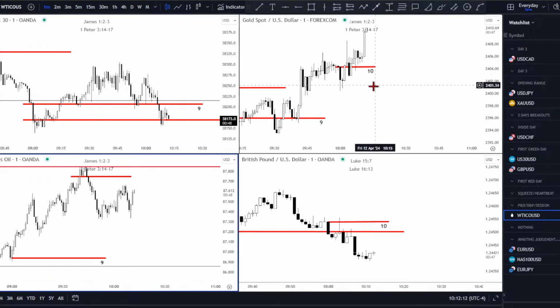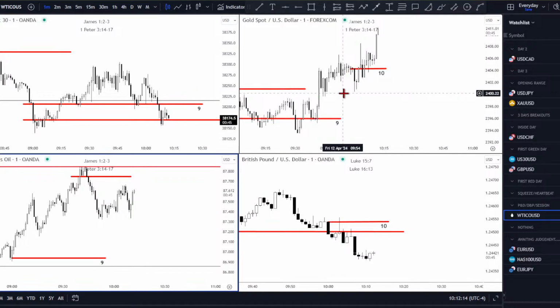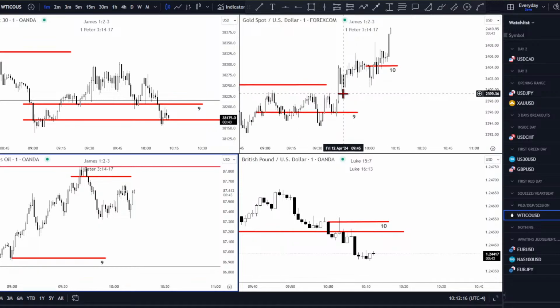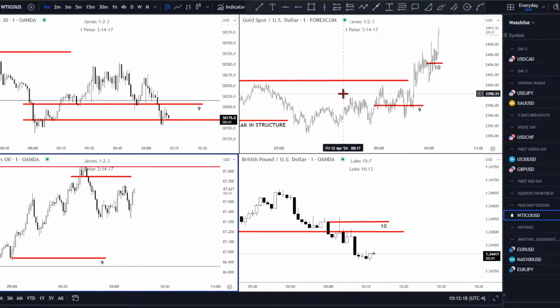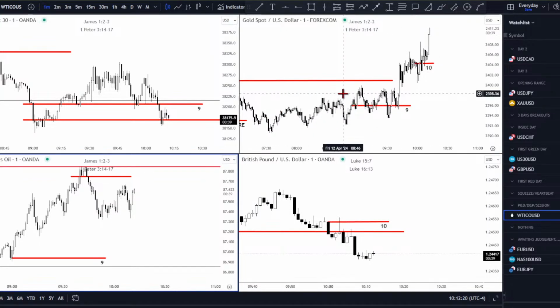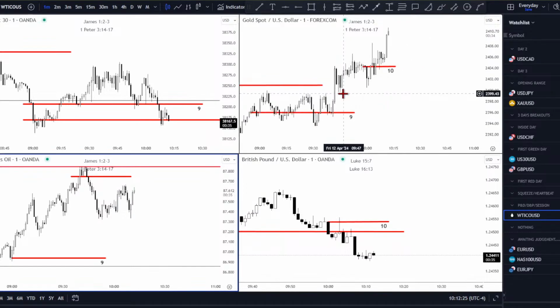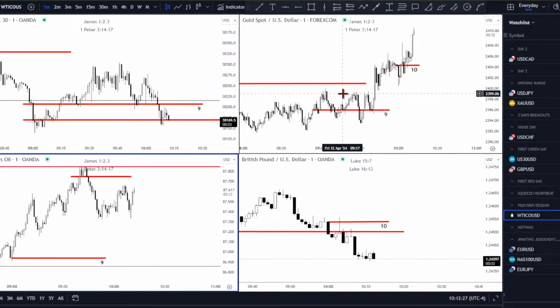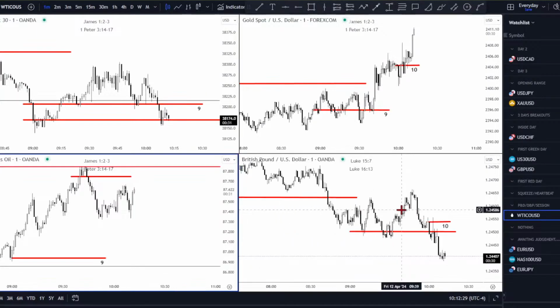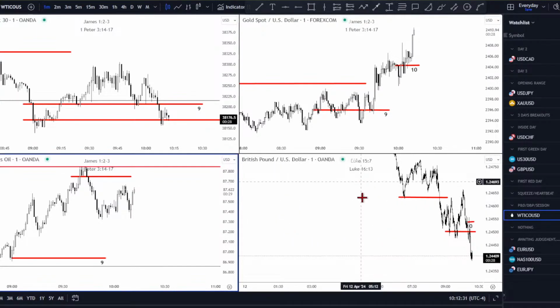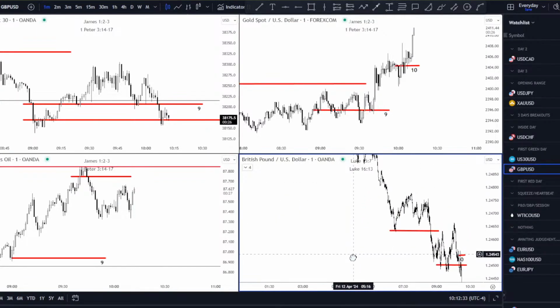They are absolutely obliterating shorts right now. The real question is, where in the world is the pound going?